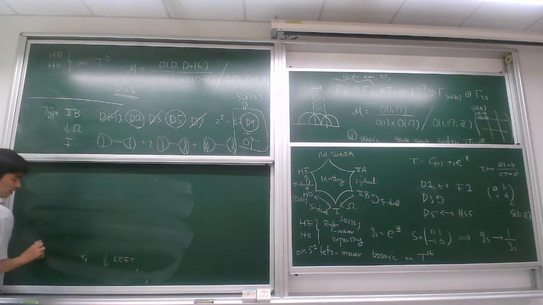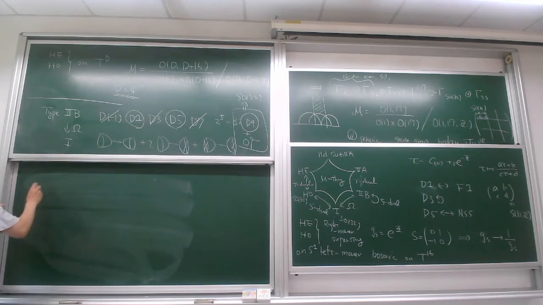So now let us recall what the heterotic string is. What kind of objects do you have? In the heterotic string, are there any D-branes or not? No. There is no D-brane. Do you understand why?